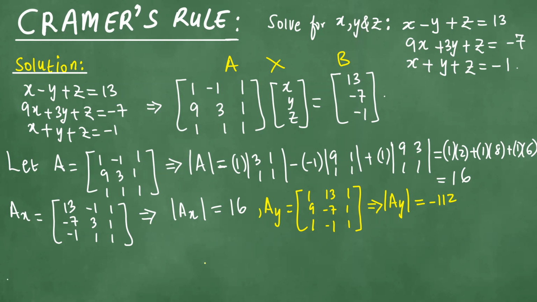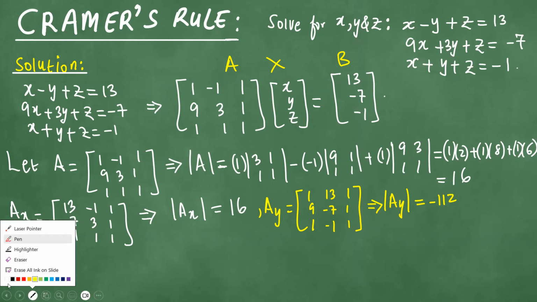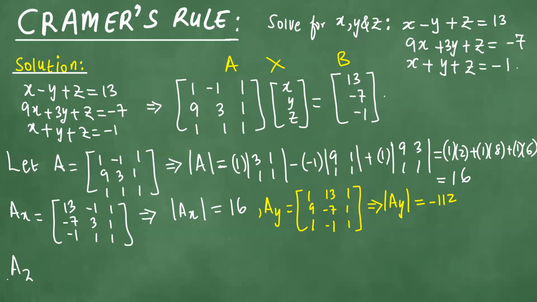Okay, moreover, we have A sub Z. A sub Z would be 1, 9, 1, minus 1, 3, 1, and the last column is 13, minus 7, minus 1.